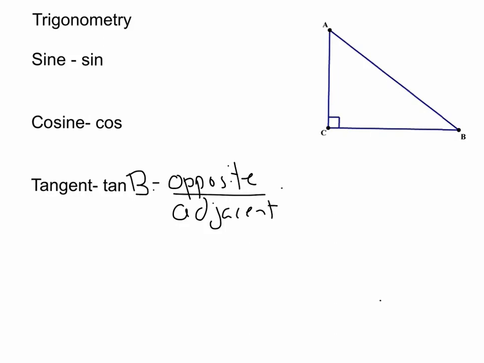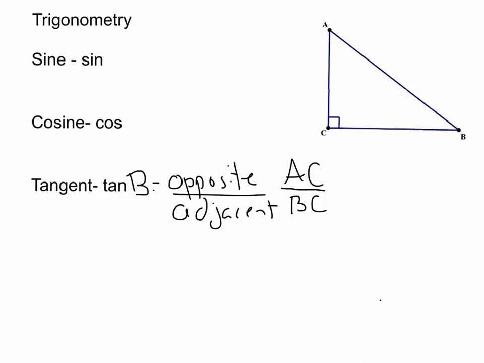The side opposite B is AC. The side adjacent to B is BC. And when we talk about opposite and adjacent, we don't use the hypotenuse. We're looking at the legs.